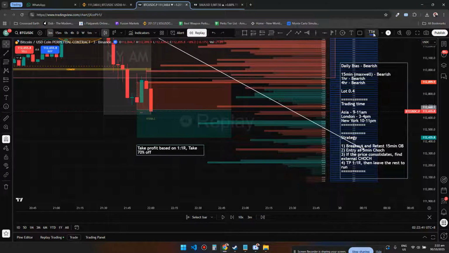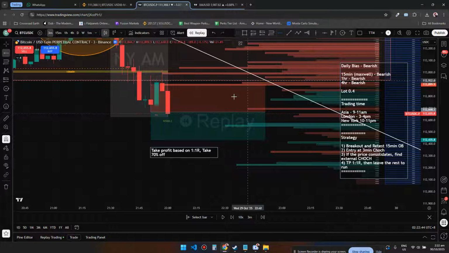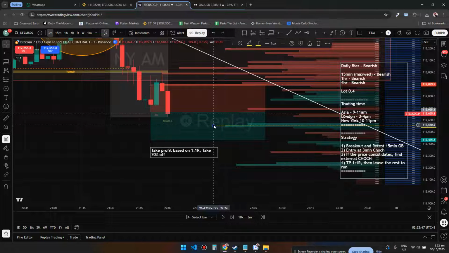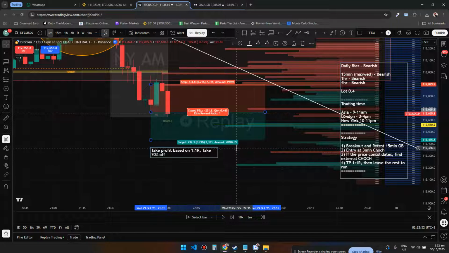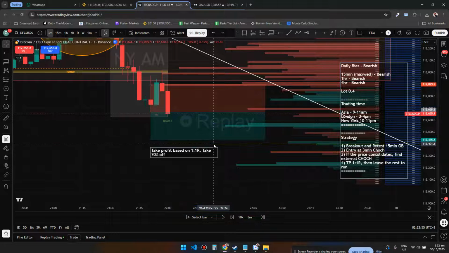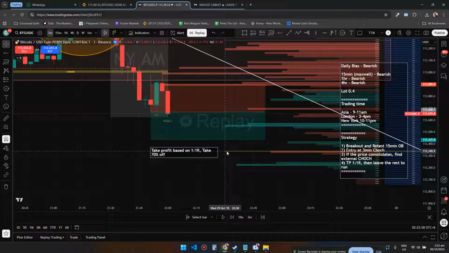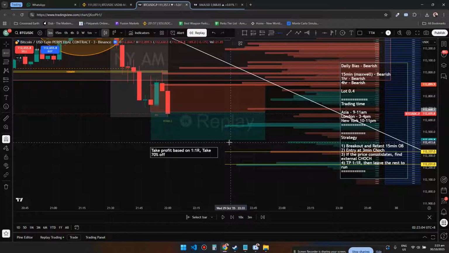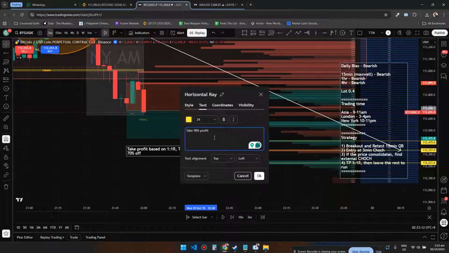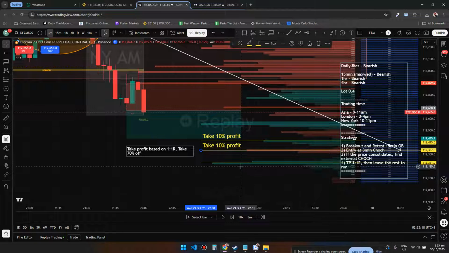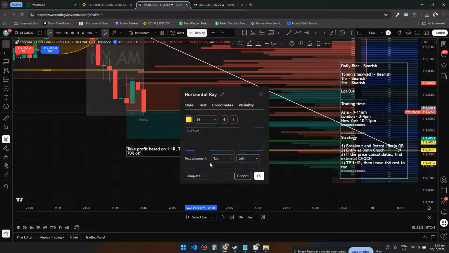Volume delta shows there are many points of interest. So here is one point of interest, but we are not interested in this because we need to secure the 1 to 1 risk ratio. So the next points of interest would be this area, and this area, and this area. So here I will want to take another 10%, another 10%, and then another 10% if possible.